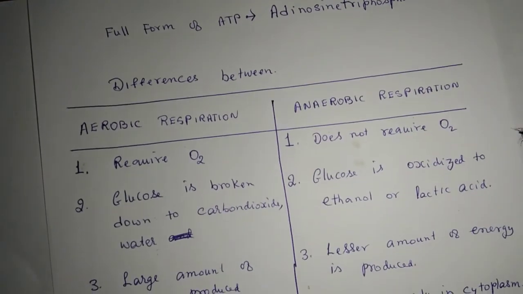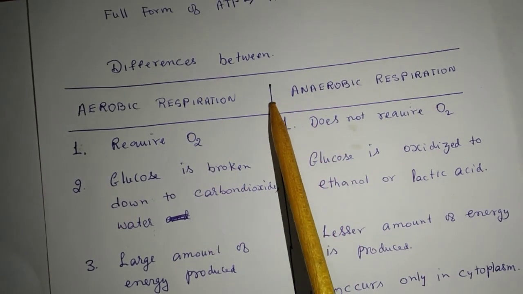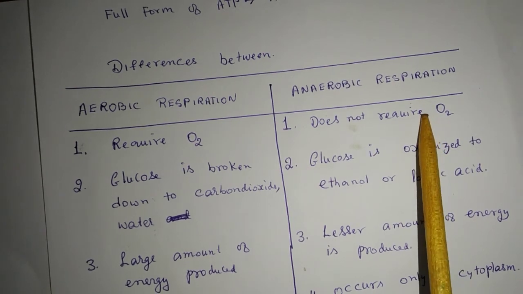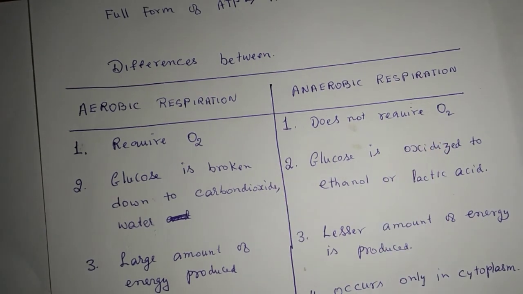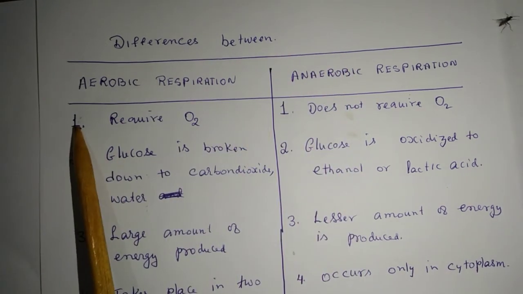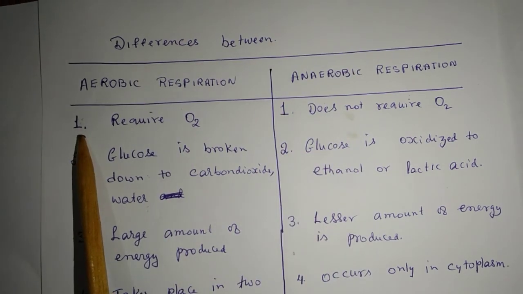The next important question is this one. You may be asked to write the differences between aerobic respiration and anaerobic respiration. I think you must have understood by now, and you can answer in a proper way. Point number 1.